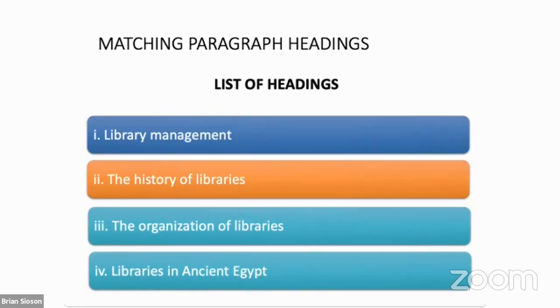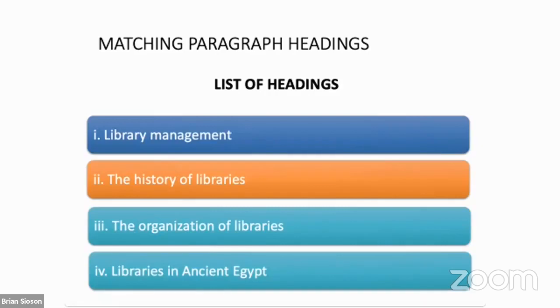All right, so that's how tough it is to analyze matching paragraph headings for IELTS. Okay, so it's kind of difficult actually to get the right answers if you haven't had enough training.